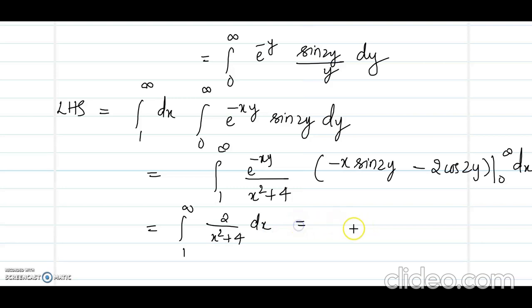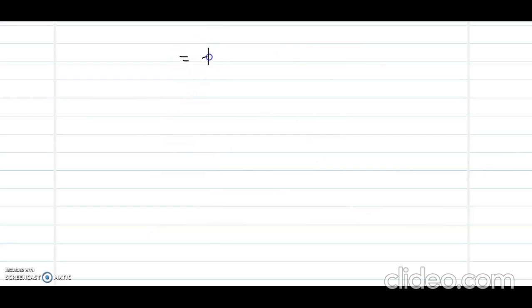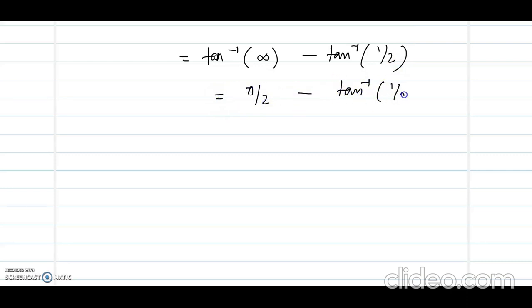So when we integrate this, we are going to get tan inverse of x by 2 from 1 to infinity. So we will be getting tan inverse of infinity minus tan inverse of 1 by 2. So that will be pi by 2 minus tan inverse of 1 by 2.